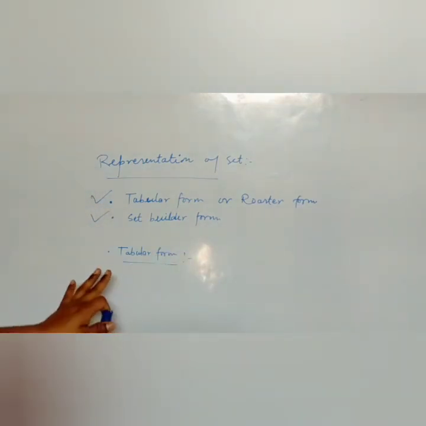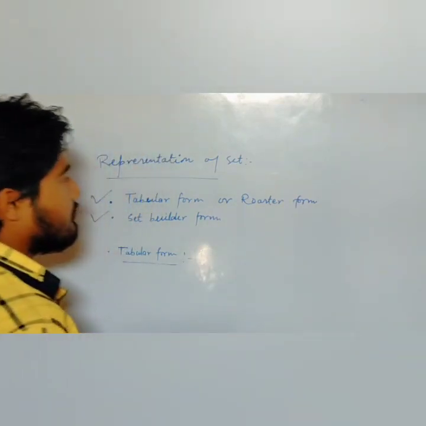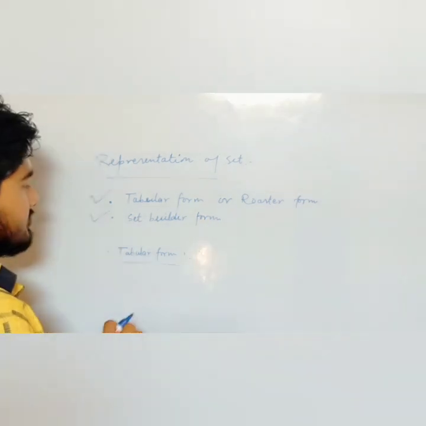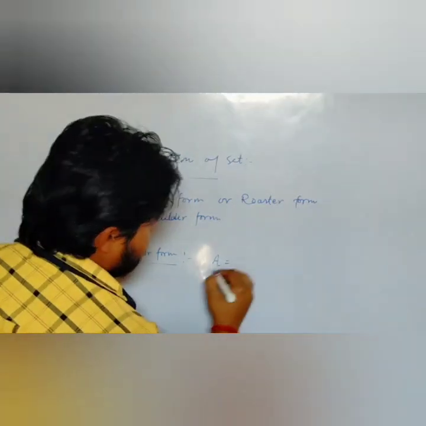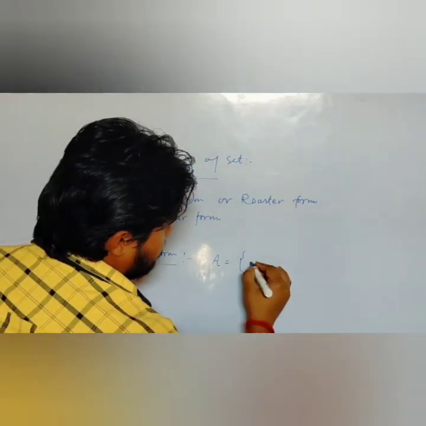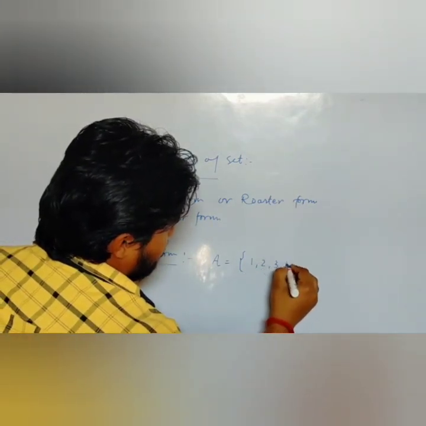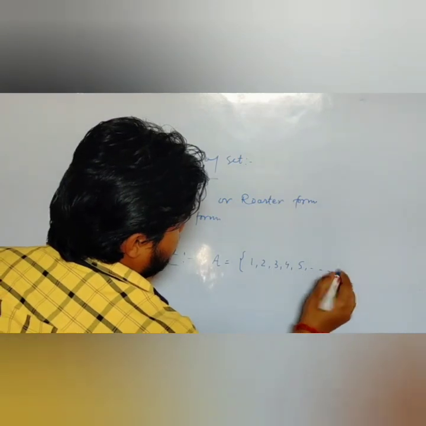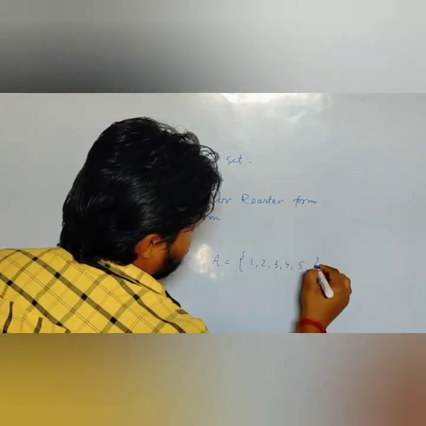Let us start this explanation. In tabular form, we have a set with elements 1, 2, 3, 4, and 5. This is the tabular form.